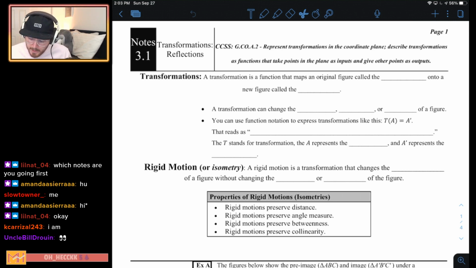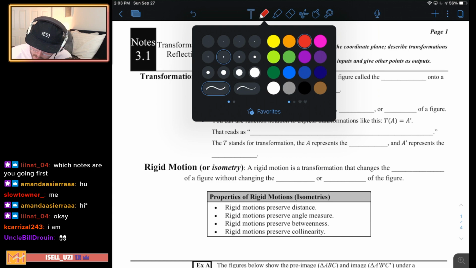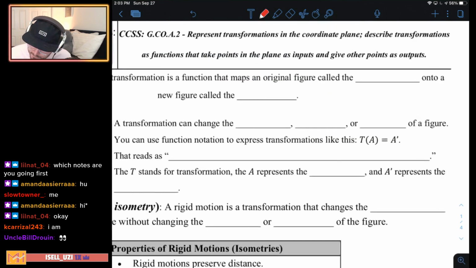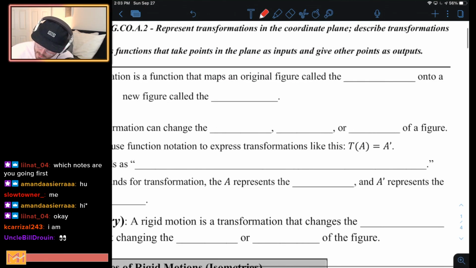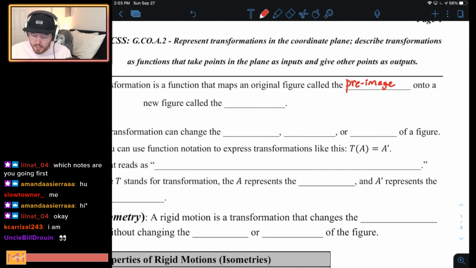So a transformation is a function that maps an original figure, called the pre-image, onto a new figure called the image.